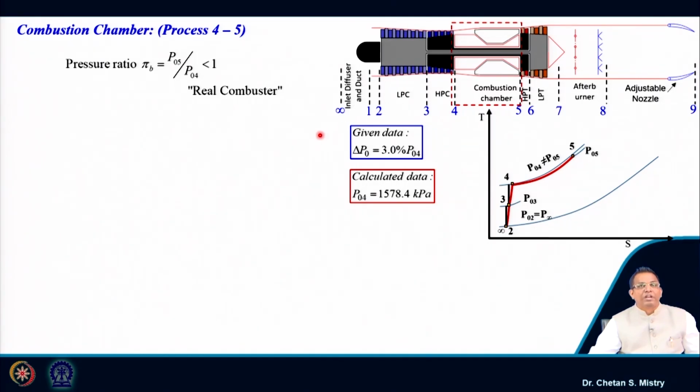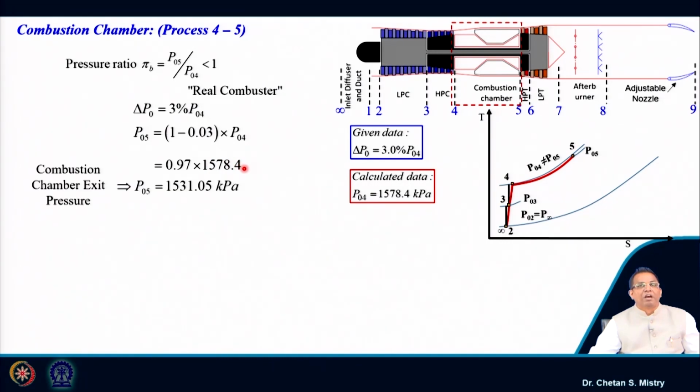In the actual condition, we are given a pressure drop of 3%. So, let us put in this loss of pressure: my P05, the exit pressure from the combustion chamber, comes as 1531.05 kilopascal.